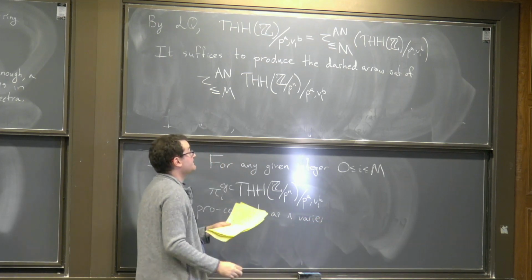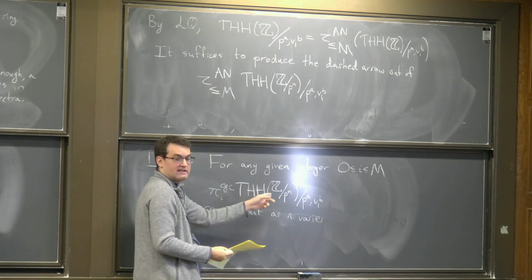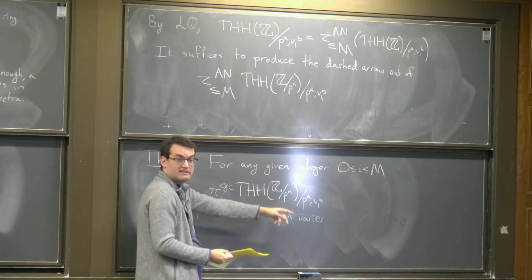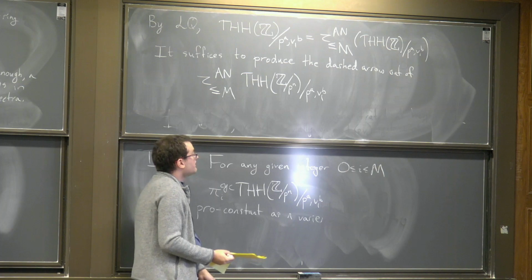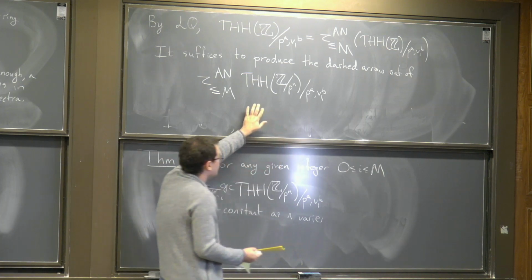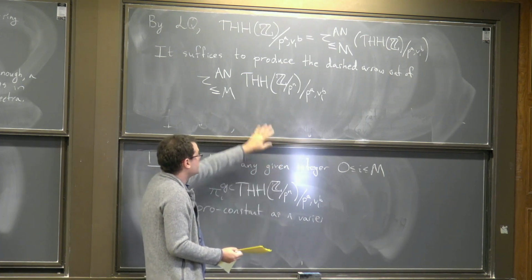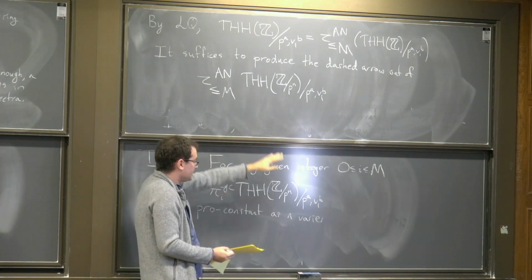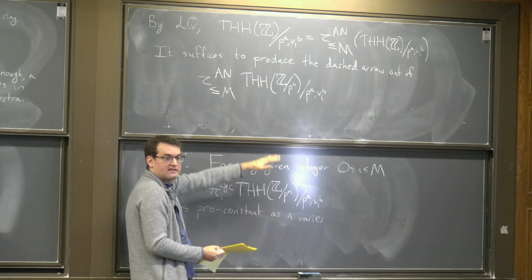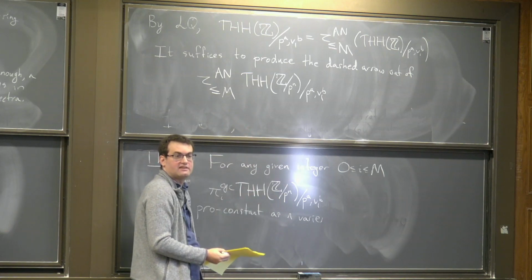And it's pro constant exactly with value the ith cyclotomic homotopy group of the THH of Z mod p to the a, v1 to the b. So we're trying to show that this tower of truncated things is pro constant, and because it's truncated, it really just suffices to check it on each homotopy group individually.